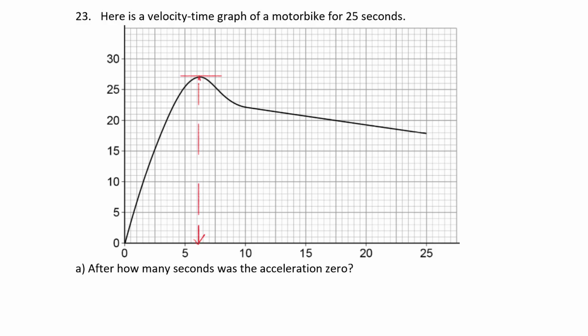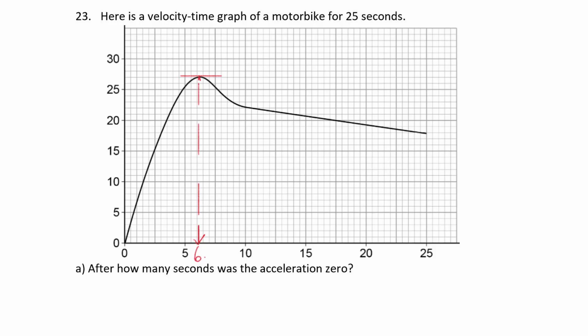Now you can see I've got 10 divisions between 0 and 5, so each division must be a half, or 2 little squares is 1. So I make that 6 then.